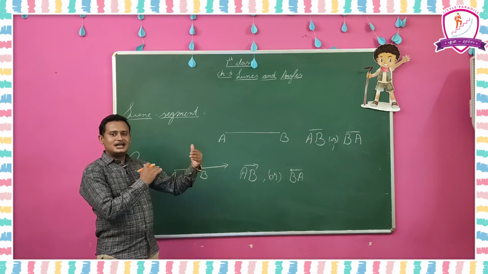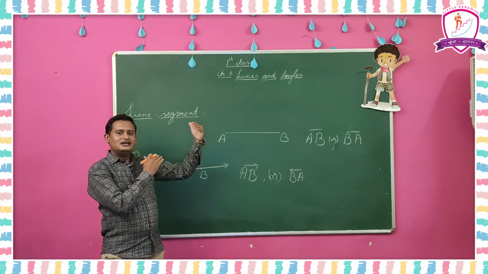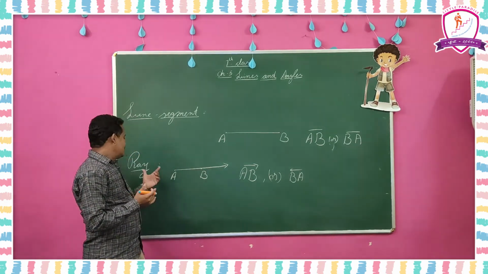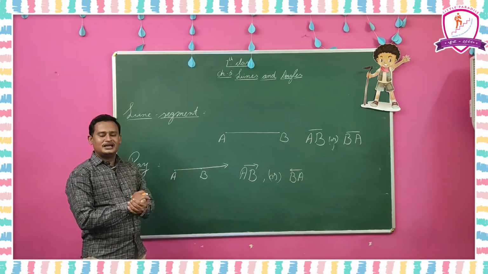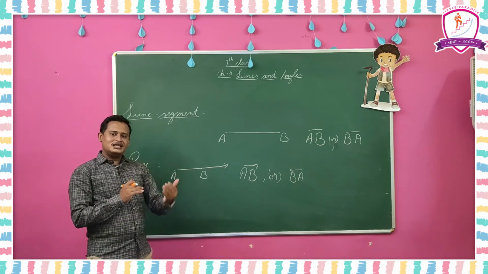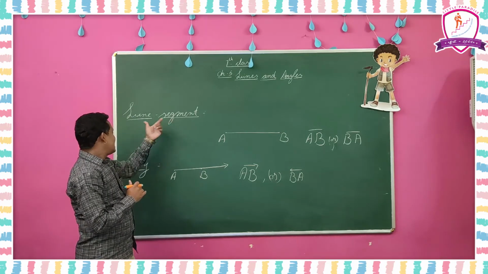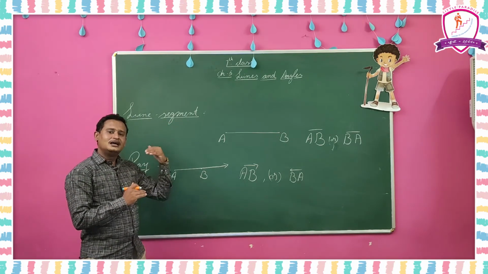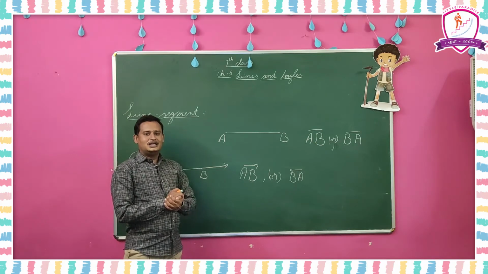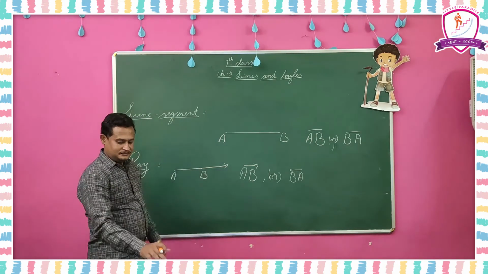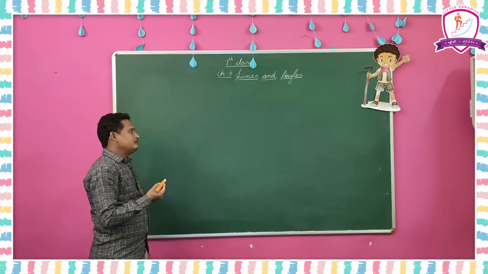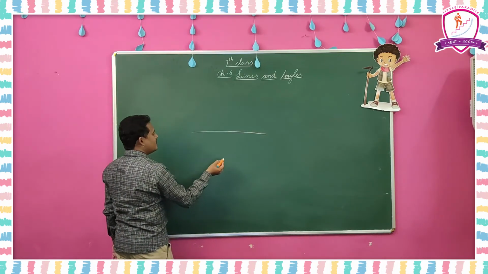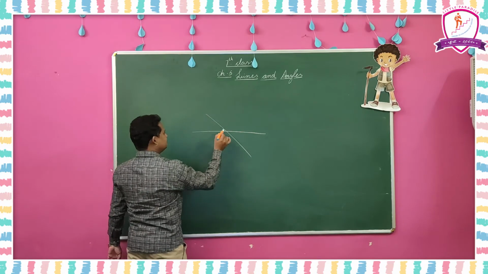Sun rays: they start from the sun and pass through the planets. Give some more examples of line segments and rays, and also examples of a line.